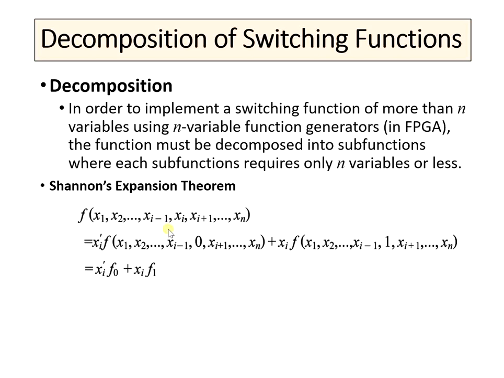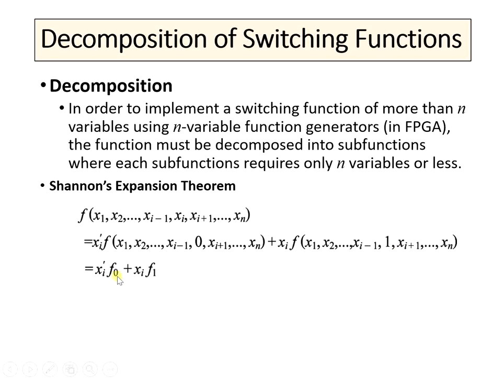One method of decomposition is Shannon's expansion theorem, which is given here, wherein the function f can be expanded by taking xi dash as one common term, with the remaining function having xi replaced by logic 0, plus xi taken as common, with xi replaced in the function by logic 1.